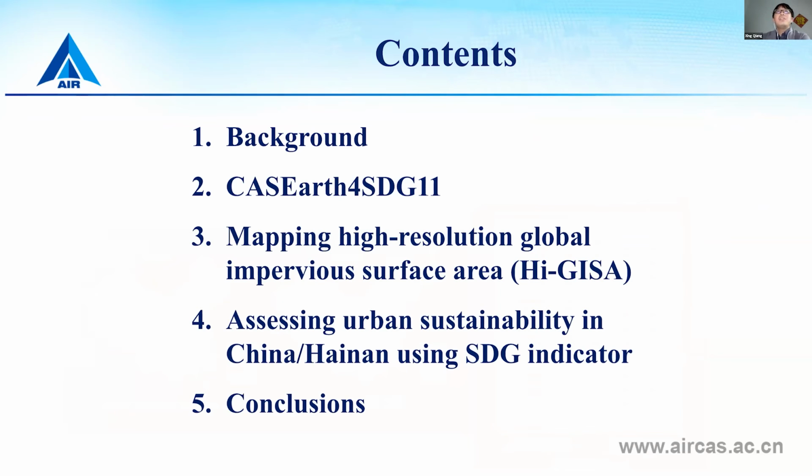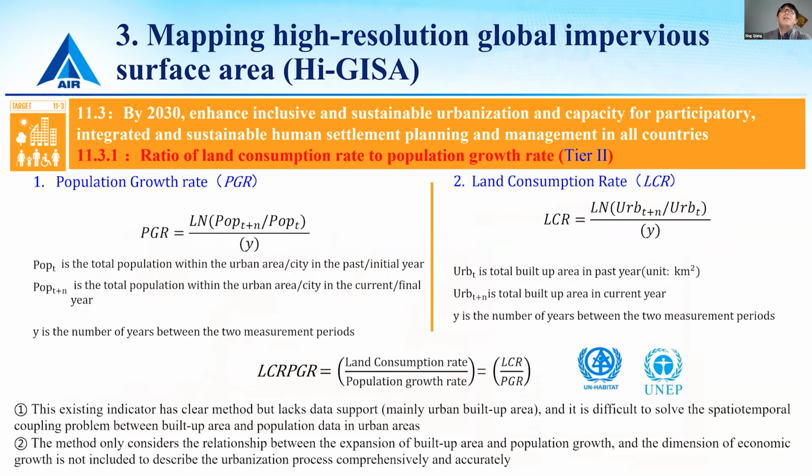The third part is about mapping high-resolution global impervious surface product. This one actually belongs to SDG 11.3, which means by 2030, enhance inclusive and sustainable urbanization and capacity for participatory, integrated and sustainable human settlement planning and management in all countries. This is the target.